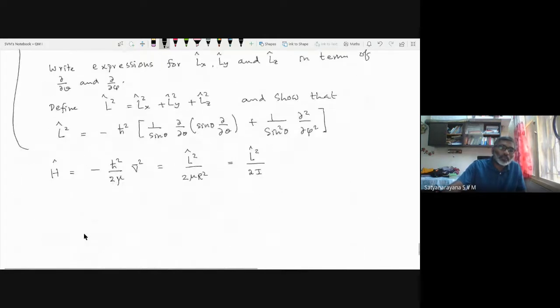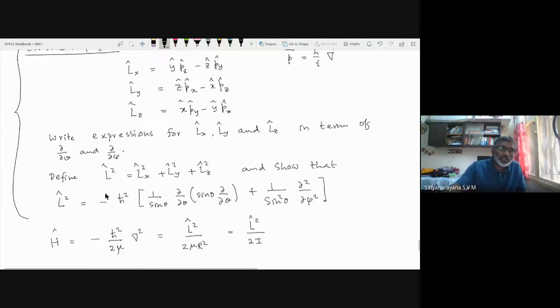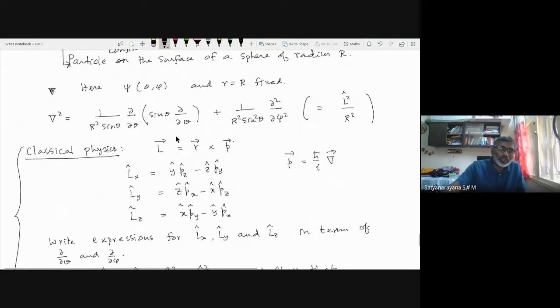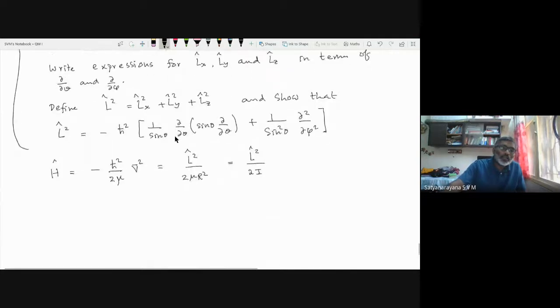So now, I want to find some function of theta and phi. H psi of theta comma phi is equal to E psi of theta comma phi, which implies minus h bar square by 2I into 1 by sine theta.